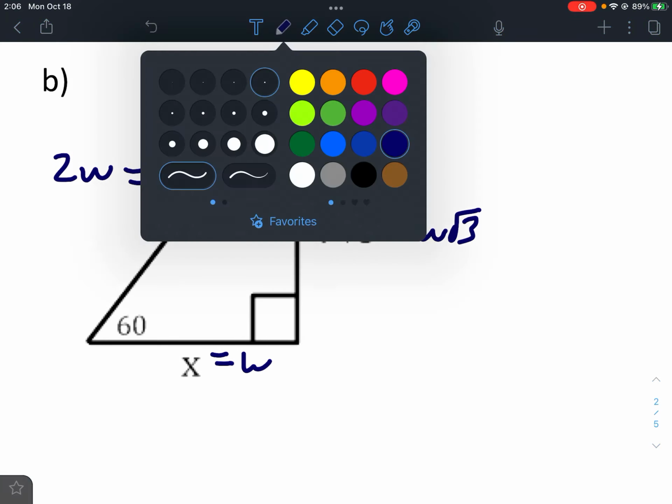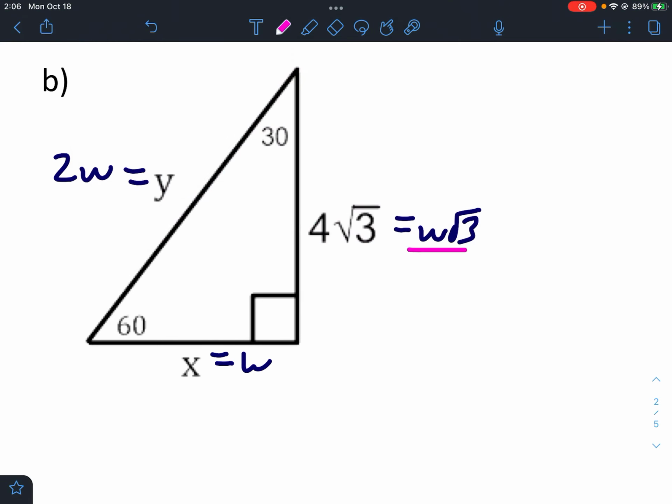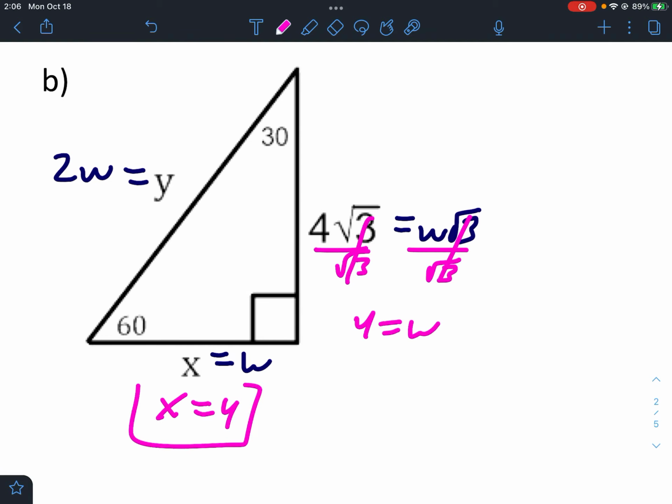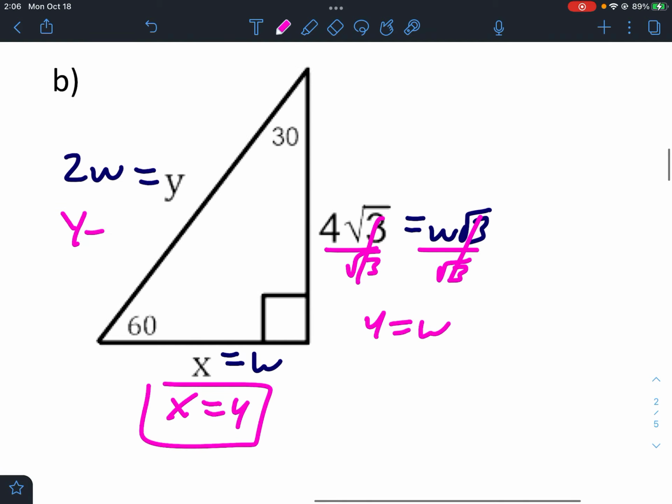So we can solve this equation over here for W by dividing by root 3. And we get W is 4. So now we take our 4 and put it where we know W is. X equals 4, and Y equals 2 times 4, or Y equals 8. So our three side lengths are 4, 4 root 3, and 8.